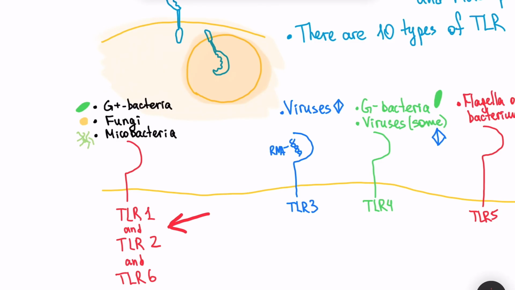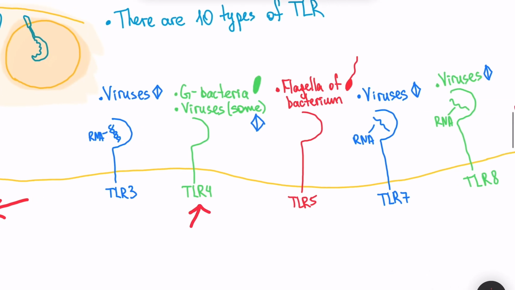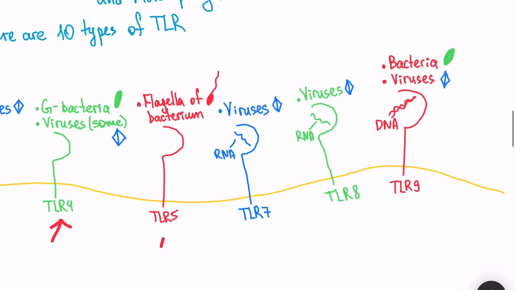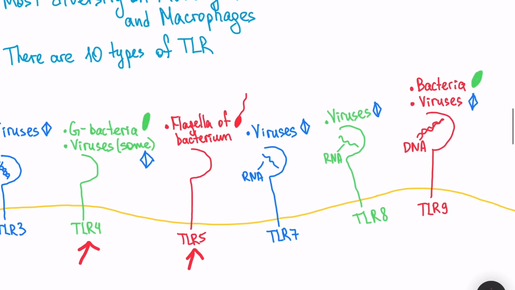And we have two types of them: TLRs that are located on the surface of the cell and intracellular TLRs. Extracellular, on the surface, are TLR1, 2, 4, 5, and 6. They can recognize some extracellularly located bacteria.